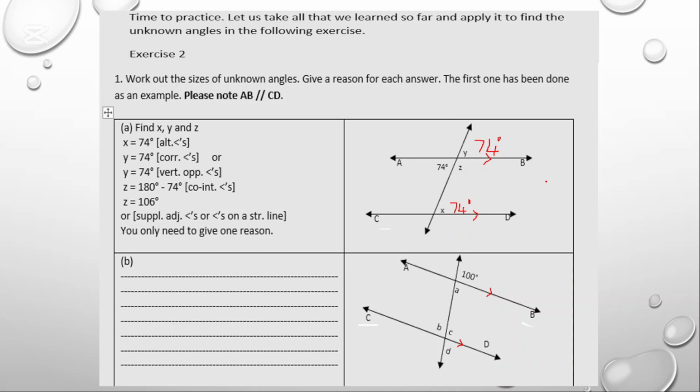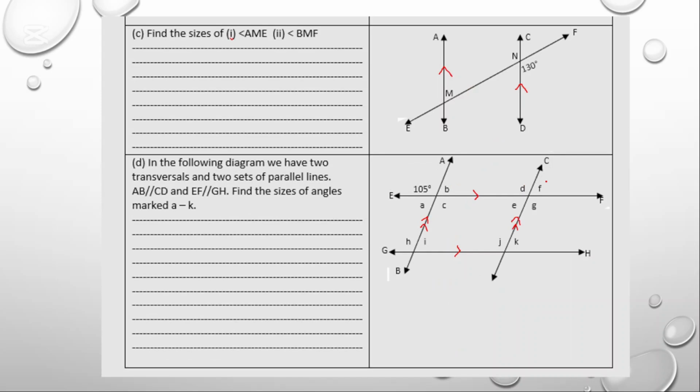I'll repeat answers on the last slide. Find the sizes of AME, BMF. Remember, M is the vertex in the middle. You decide, 130 and AME, do they form a pair?